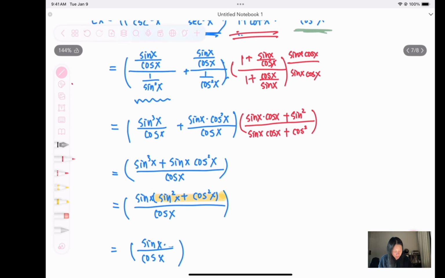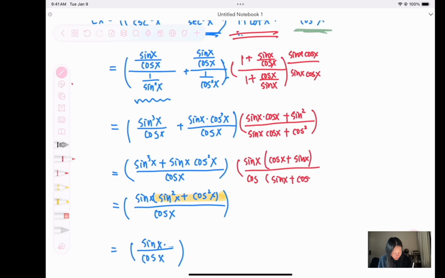If I factor the common factor out, I will have sine x and then cosine x plus sine x. In the bottom, I have a cosine x and then sine x plus cosine x.